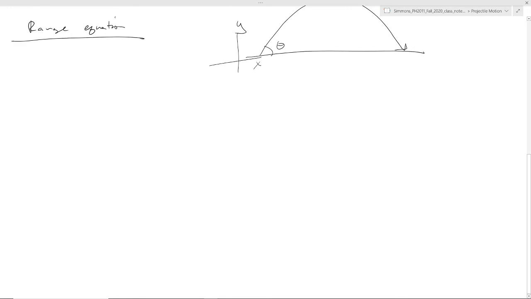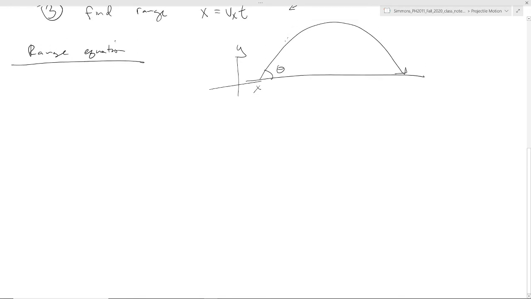This projectile has some initial velocity, v. And like we discussed, velocity is a vector. So let's look at the y direction.